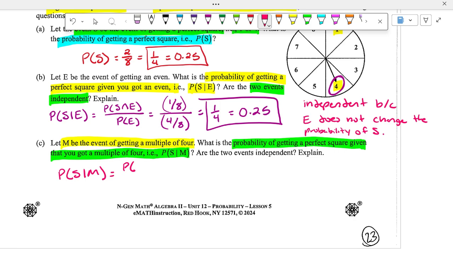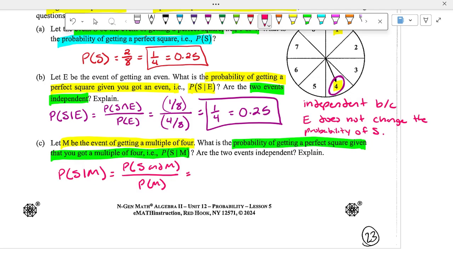Come on. Right, the probability of S and M over the probability of what? M. So remember, conditional is the probability of both over the probability of the given.